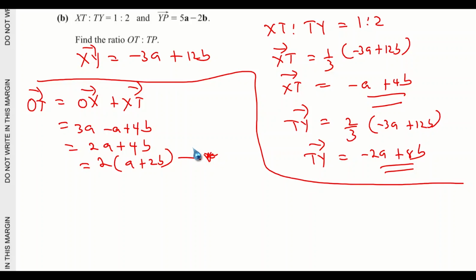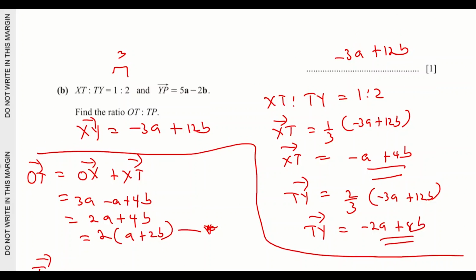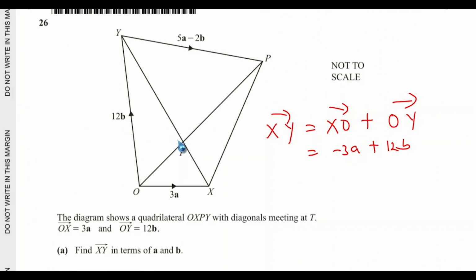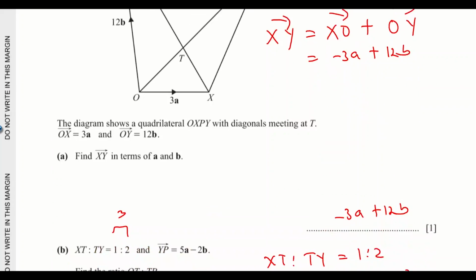So we need to find TP now. TP will be equal to TY plus YP. They are moving in the same direction.